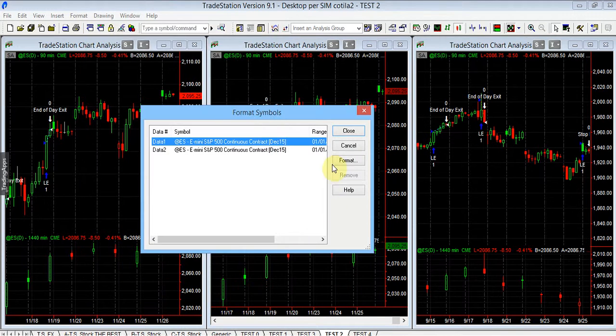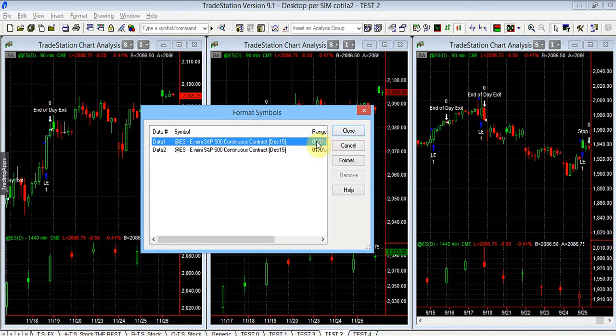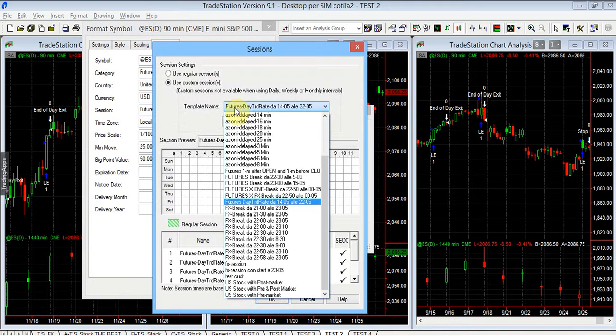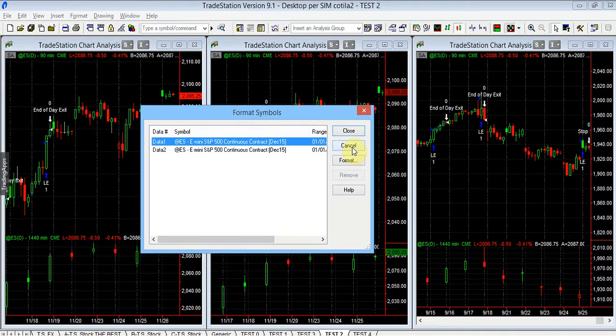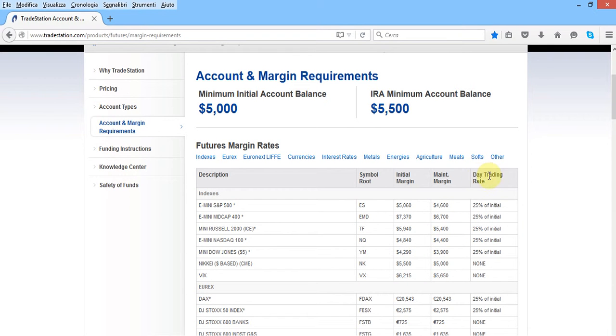That's what we have done even with the starting trading system. Format symbol, double click, properties, session. By default, you have the regular session, and you can create a custom session to operate only during the hours that we have specified here, the day trading hours.